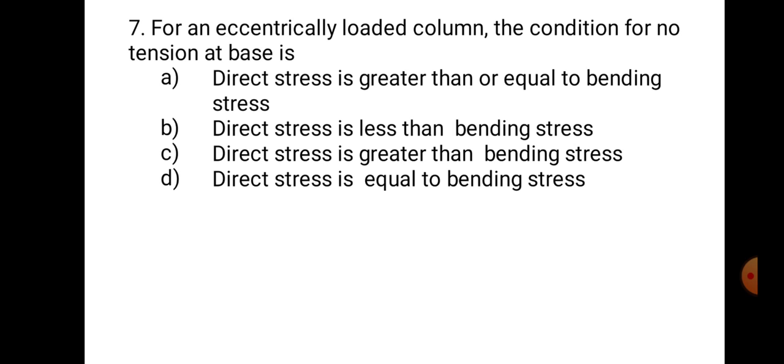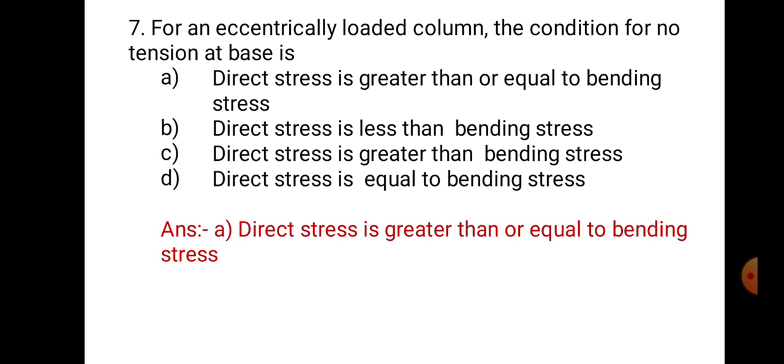Hence, in this case, when direct stress is greater than or equal to bending stress, the nature of resultant stress will be the same throughout. And therefore, the correct answer is A, direct stress is greater than or equal to bending stress.